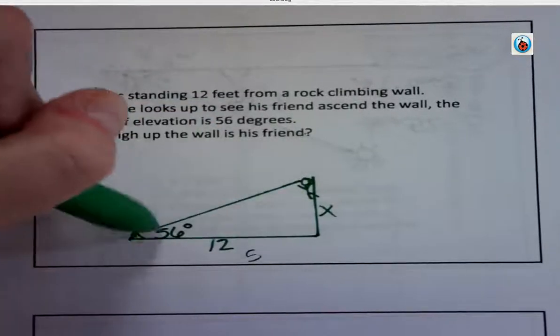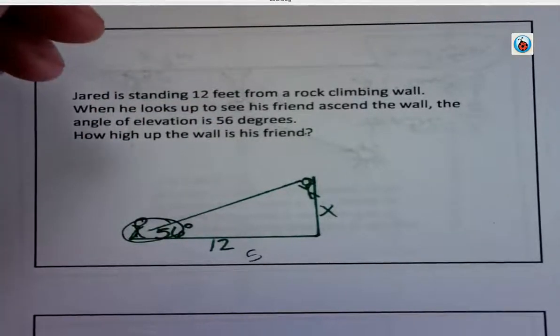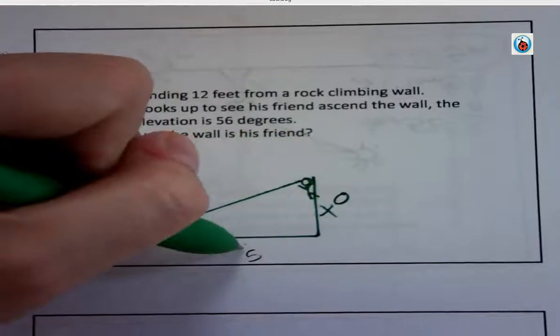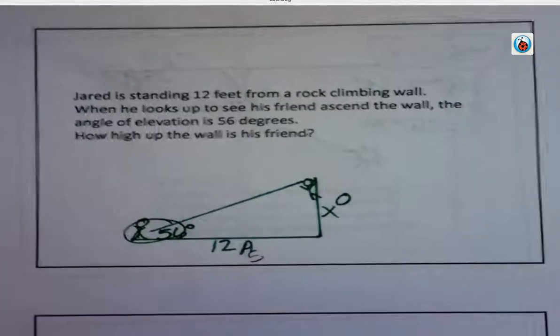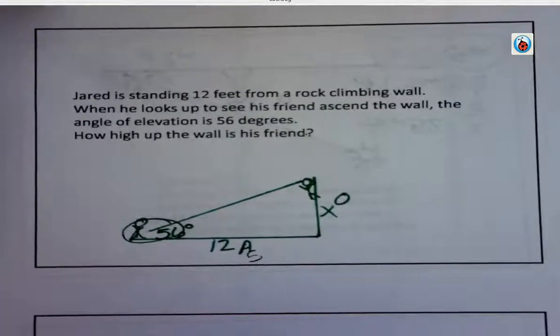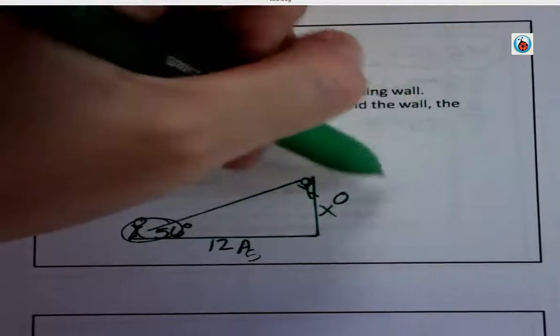the trig part. So we've got our reference angle right here, and then the opposite and adjacent sides of the triangle. A lot of times with angles of elevation, these word problems, you're going to use tangent. Not every time, not 100% of the time, but a lot of the time. So that will give you a little hint.